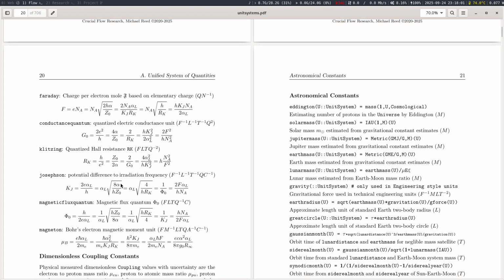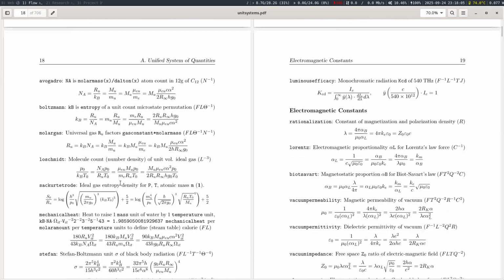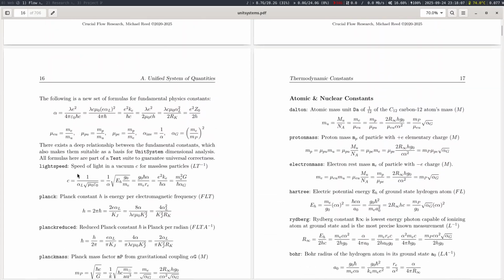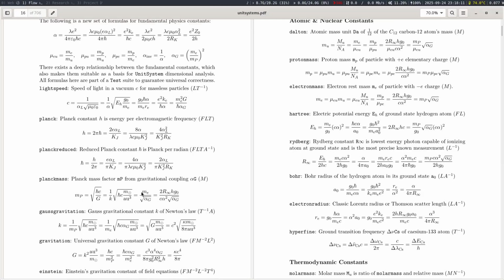So I wrote down many of these formulas, extended them. There was no single reference source that extended and unified them with the unified system of quantities until I pulled together all of these into one single place and tied them all together in this particular way here.